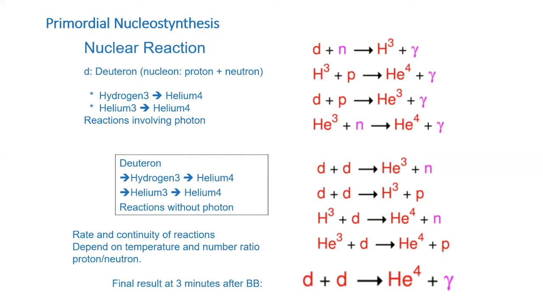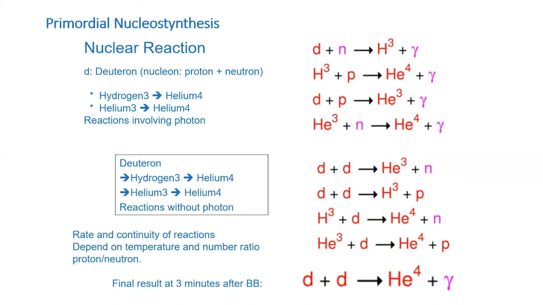But how could they get together into heavier elements like helium, and further very, very heavy elements like iron, oxygen and carbon that we all have in our body? That requires very high temperature, very high speed, that could collide them close enough that the strong force picks up. The strong force is much stronger compared to the Coulomb force, but it only works at a very, very close distance.